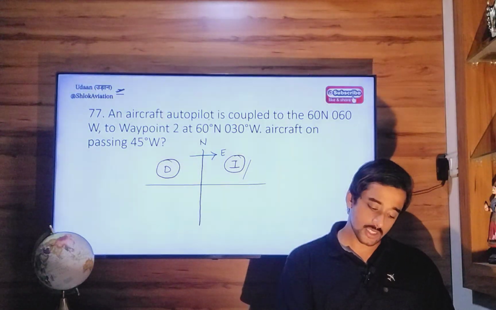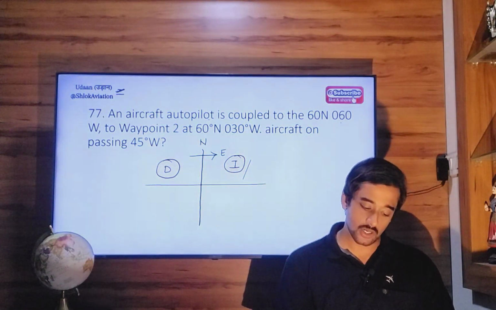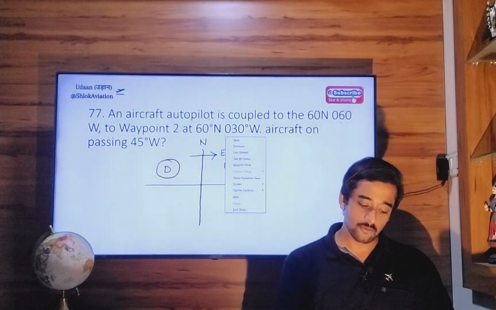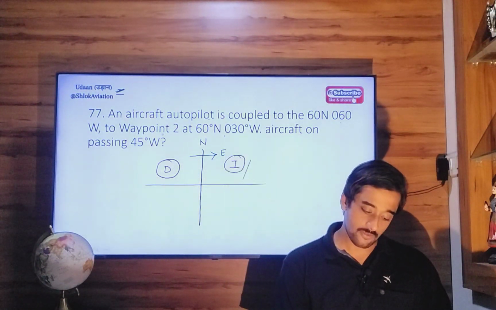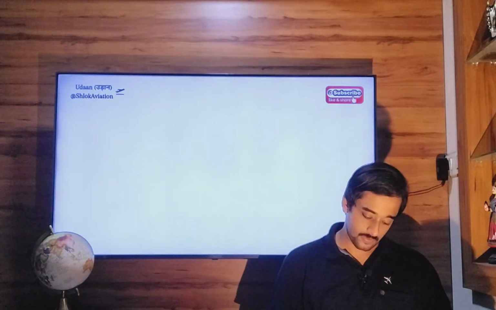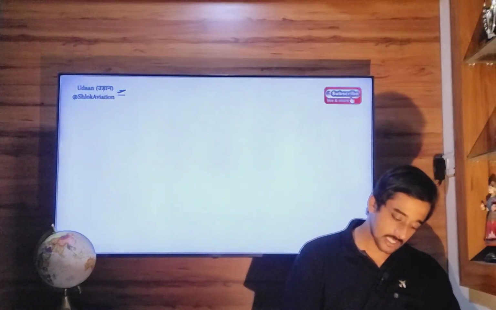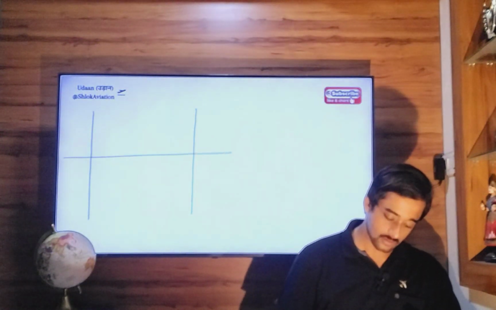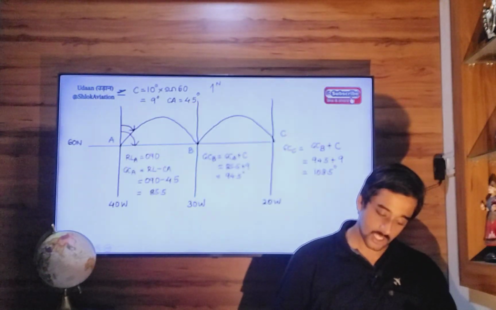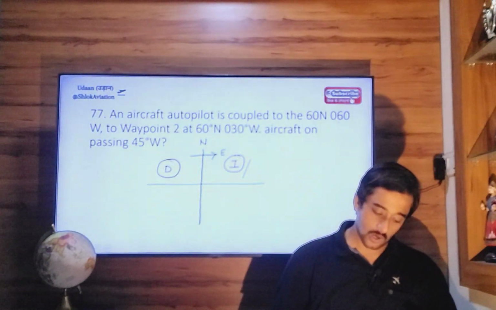Aircraft is coupled to position 1 and position 2. What is the latitude shown when aircraft passes 45 degree west? Okay, 45 degree west. So first position is 60 north.